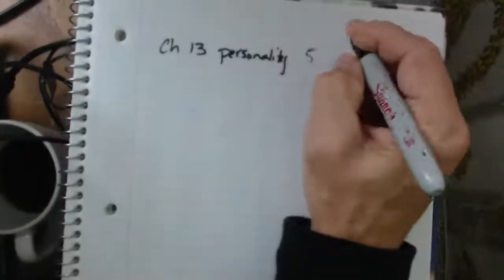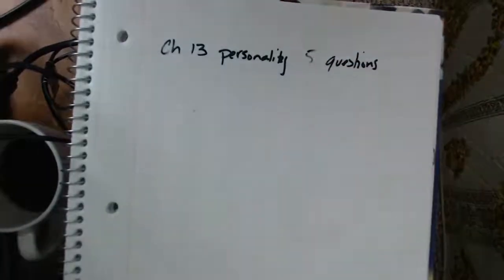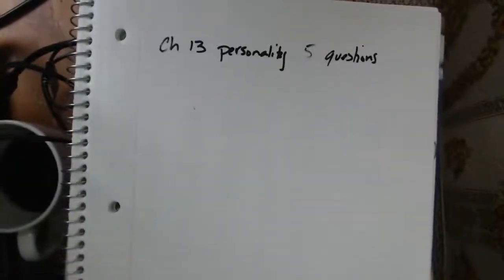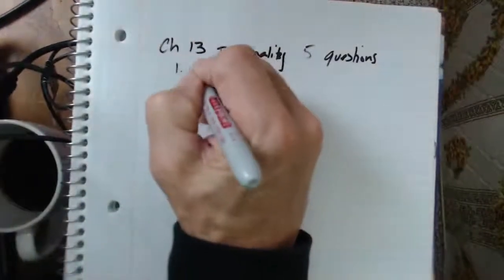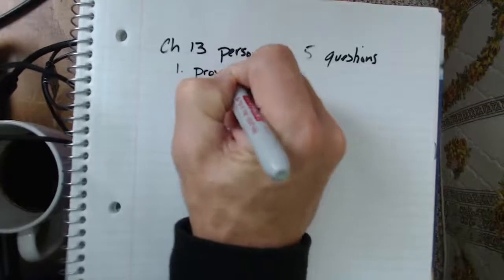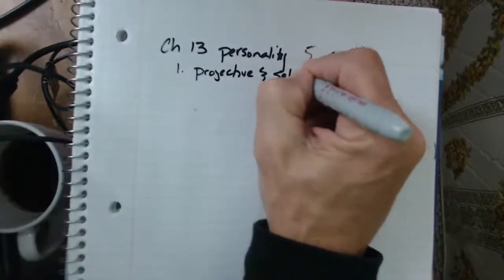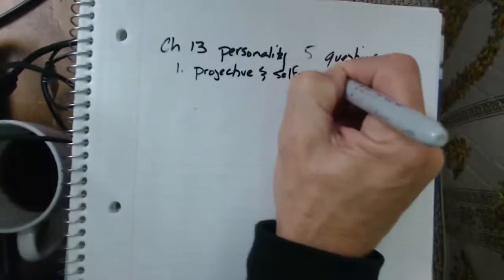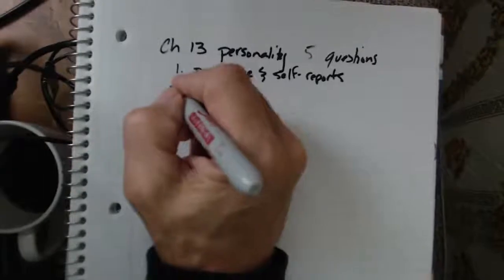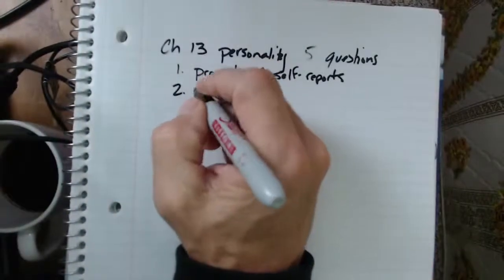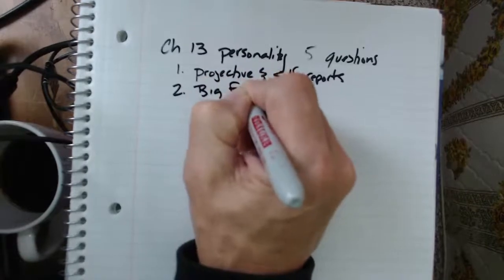It looks like 5 questions. And it looks like there's a question about projective versus self-report tests. Two questions about the Big 5.